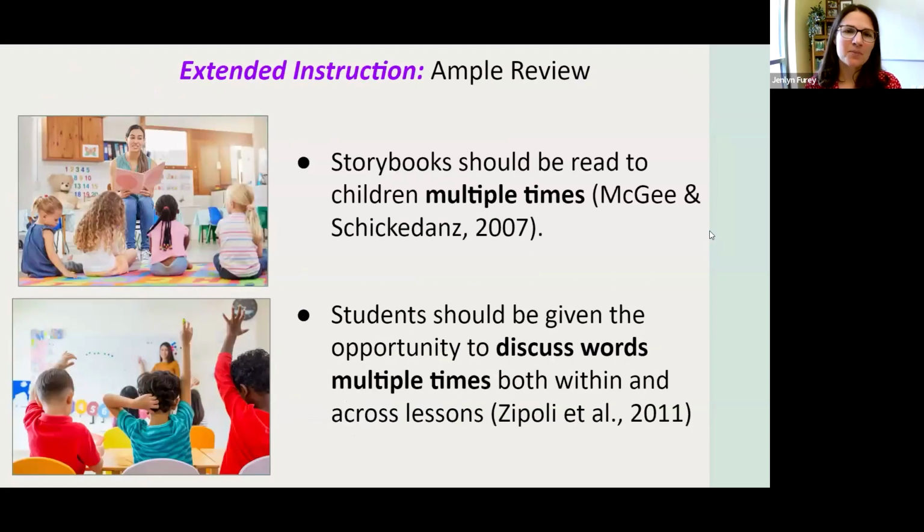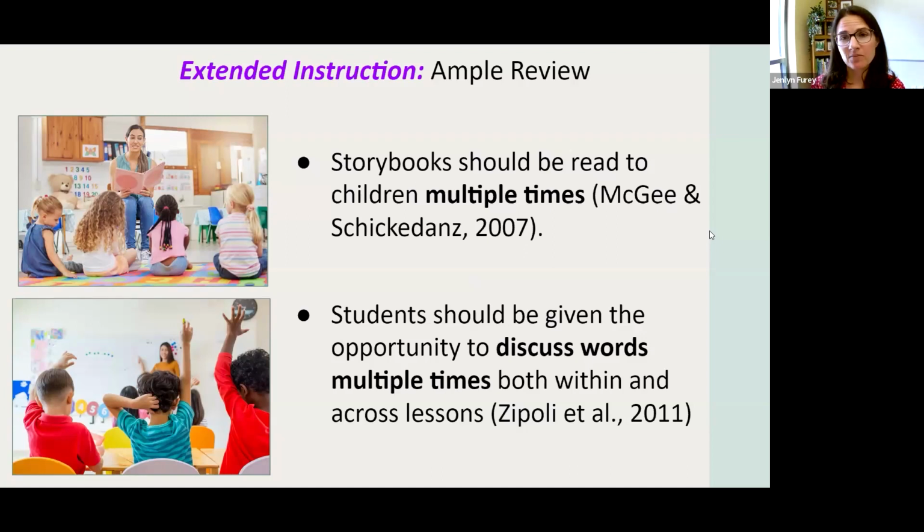And then finally, throughout the extended instruction activities, we want to provide ample review. So the storybook through the embedded instruction should be read multiple times. And we want to give multiple opportunities to discuss the words both within the lesson and across. Another way that we can kind of help to support ample review is the homeschool collaboration piece.